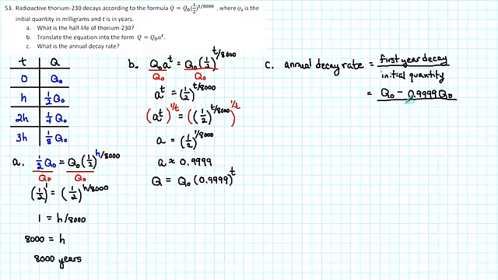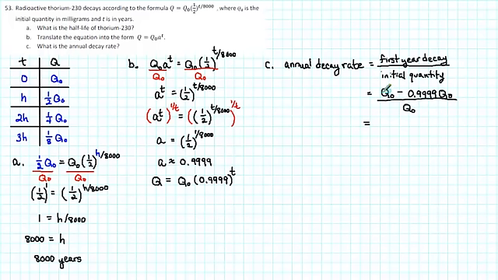And then we divide this entire expression by the initial quantity, which is Q₀. Since all the terms have Q₀ in them, we can use the distributive property and divide Q₀ into each term.